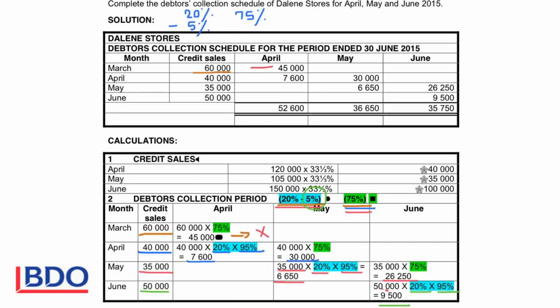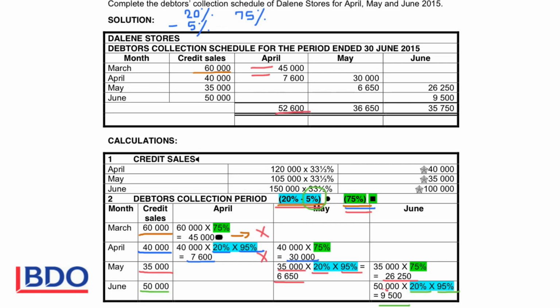Then from the April sales, we will receive 7,600. So we will put the 7,600 under April, add the two figures together to show that the total amount that will be received from debtors during April will be 52,600.